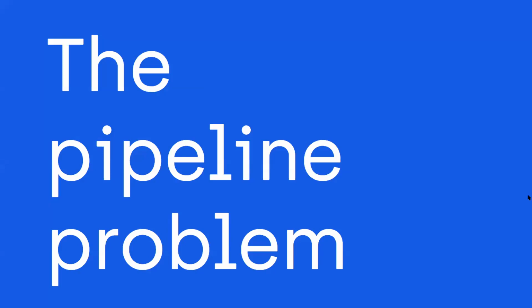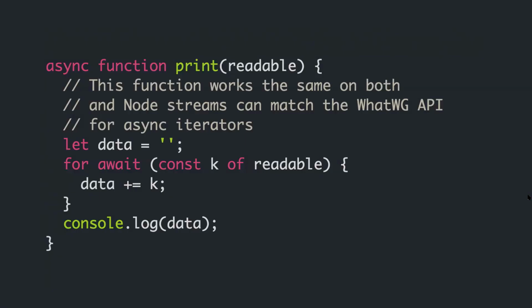Going forward, however, this type of syntax has a problem. How do we nest things? How do we create a pipeline? We have seen that one of the key concepts of streams is that we have a readable, any number of transforms, and a writable. It's a long pipeline, which can be as long as we want.